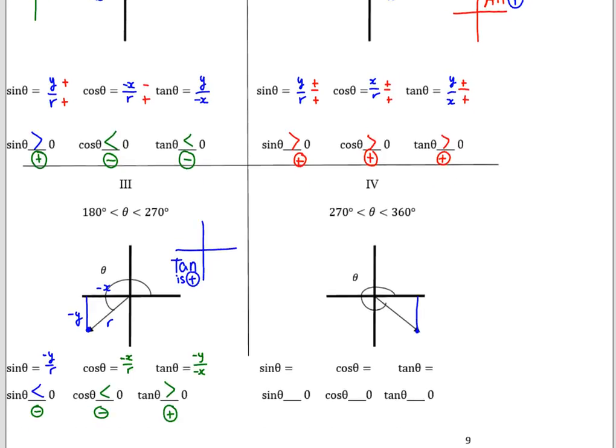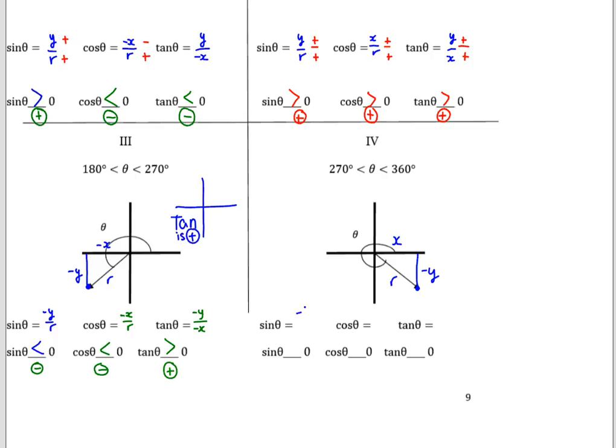Okay, last one. Who's positive, who's negative in quadrant 4? Oh, you're already ahead of the game. Okay, x is positive and y is negative. r is positive. So negative y over r makes less than 0, or negative, for sine. Cos is x over r, which is positive.